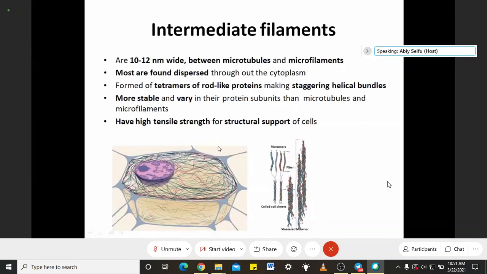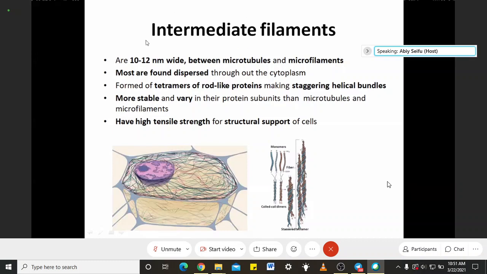Then we have a third type of filamentous proteins in our cells, and these are in diameter between the microtubules and microfilaments. Because of this, they are named as intermediate. You see, they are intermediate in diameter between 24 diameter microtubules and 7 diameter microfilaments.